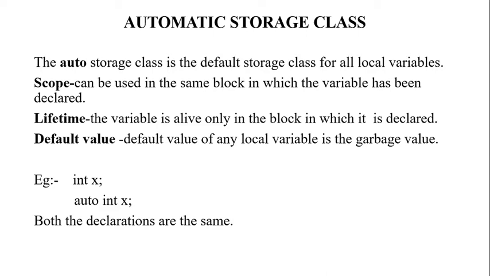For example, declaring a variable as int x is the same as the declaration auto int x. Both declarations are the same. So x is an automatic variable, of the automatic storage class.